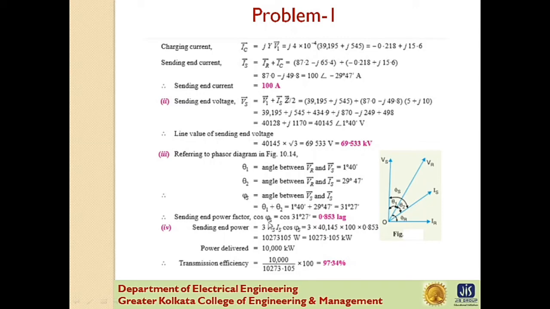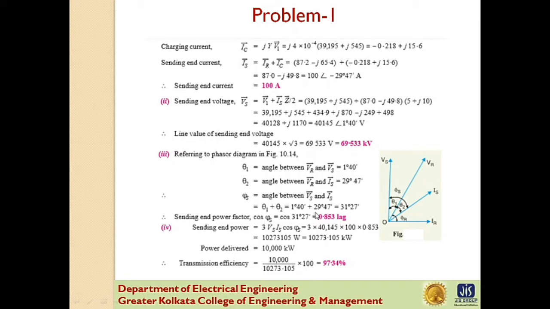Now by just adding the two values, we get 31 degree 27 minute. As theta S equals theta 1 plus theta 2, we can neglect this minus sign, this is just for the direction.